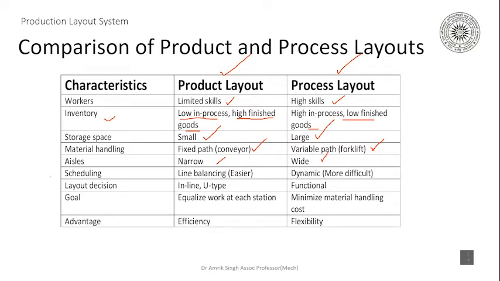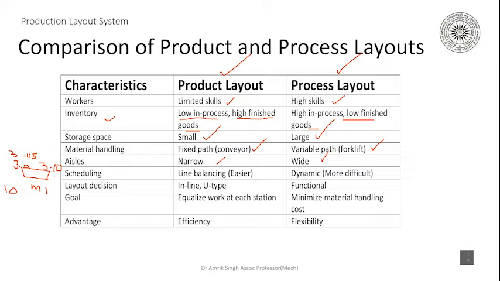Then scheduling. Scheduling means we decide at what time this machine is used. Suppose one machine is there and a job takes say 10 minutes. If it is started at 3 o'clock, then it will be working till 3:10. But suppose a job comes at say 3:05, this cannot be started until the first one is finished.